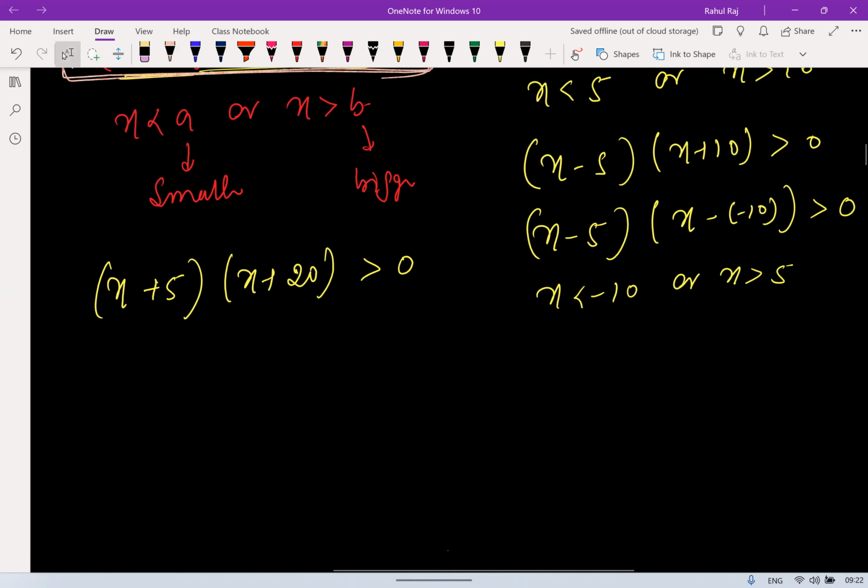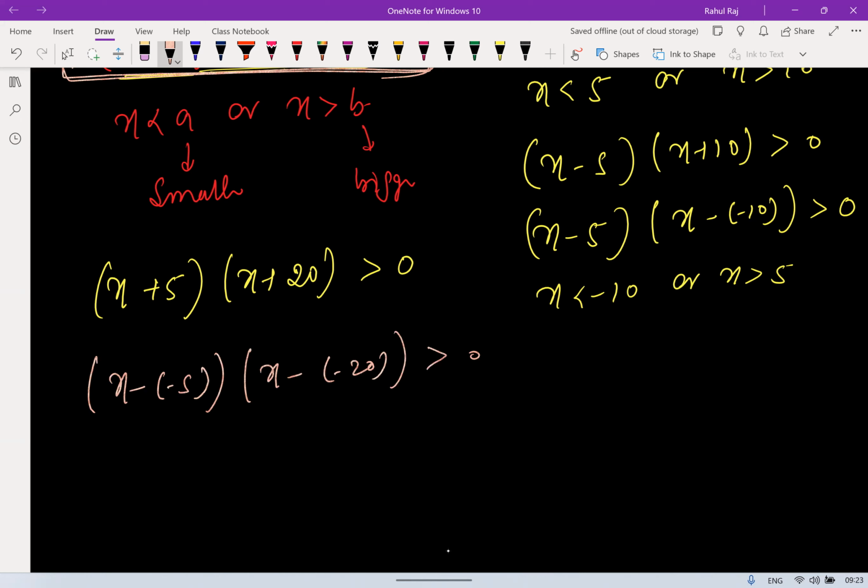So your normal job is x minus of negative 5, x minus of negative 20. Now tell me which is the smaller one and which is the bigger one. Negative 20. So your logic is x is less than negative 20 or x is greater than negative 5. Agreed? Any doubt here?